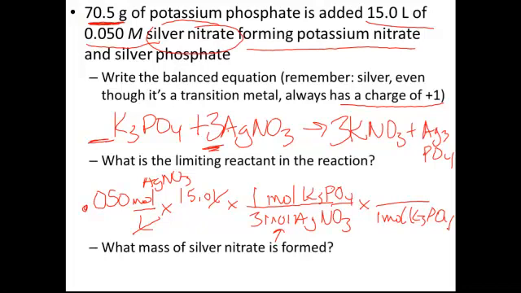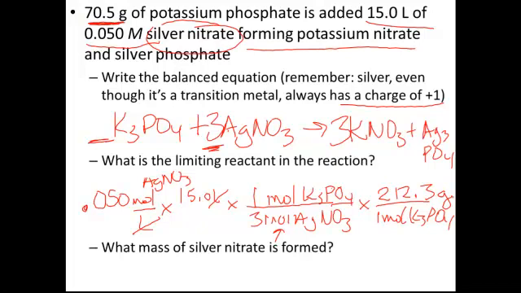And now I can convert 1 mole of K3PO4, and now I need the molar mass of potassium phosphate. Okay, so the molar mass of potassium is 39.1. Multiply that times 3, plus 31 for phosphorus, and then 64 for the oxygen, equals 212.3 grams. So now I'm going to take my initial numbers.